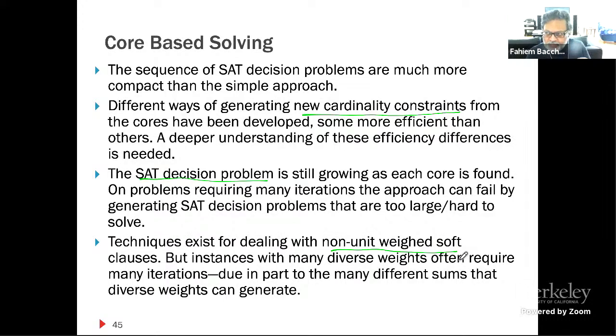Because there, especially with instances with many diverse weights, you end up with many iterations. Basically you have to start examining all of the possible different sums that these diverse weights could generate. And as you might know, it doesn't take too many diverse weights to generate a tremendous number of subset sums. So these schemes, for example, on problems with more than 50 distinct soft clause weights tend to not work very well.